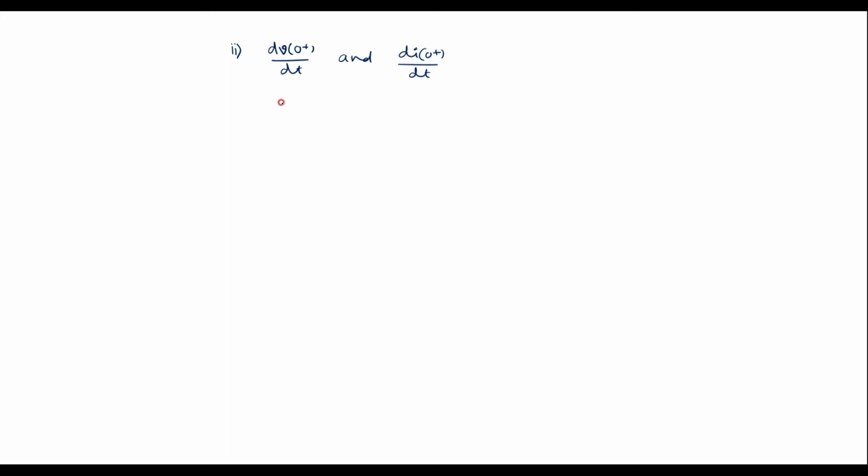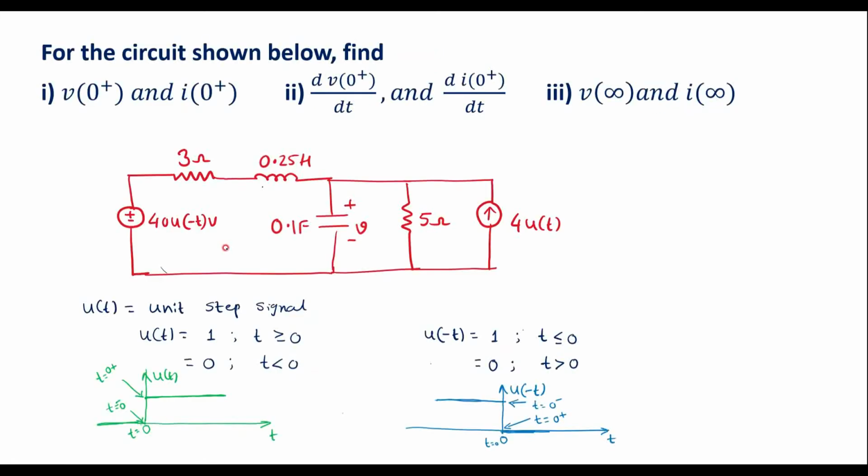That is, for t greater than or equal to 0 plus, the equivalent circuit is shown below. Here we can see that if we consider t greater than or equal to 0, the value of u of t will become 1. It means that the value of u of t is 1 for t greater than or equal to 0.